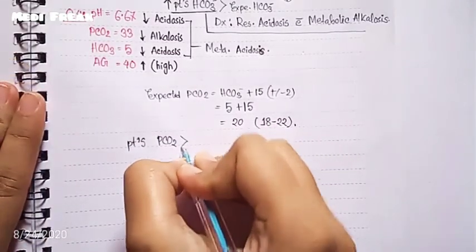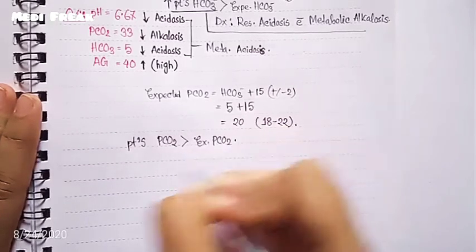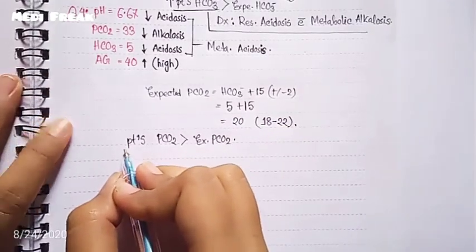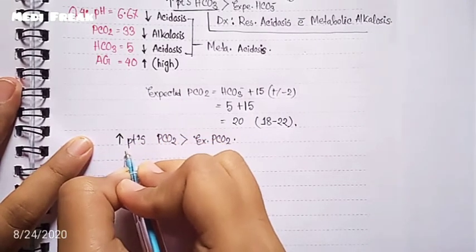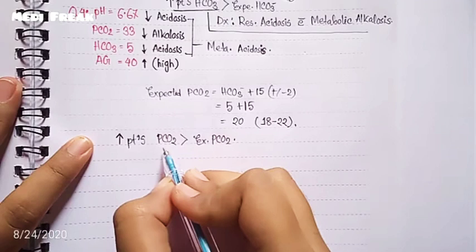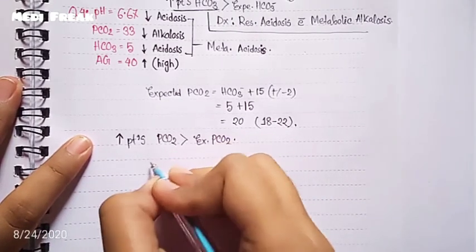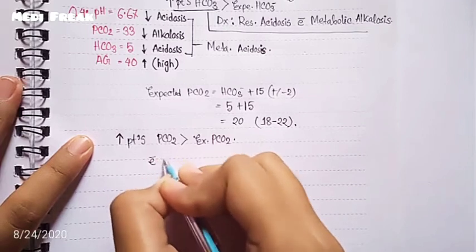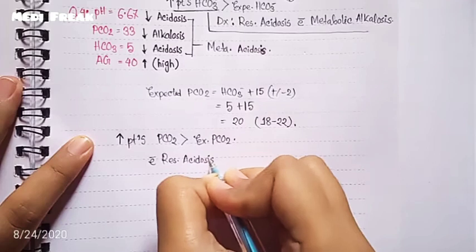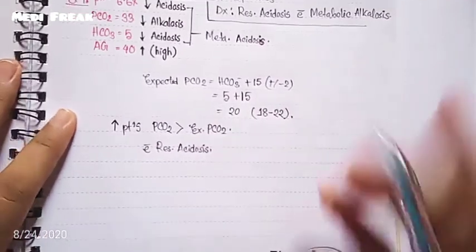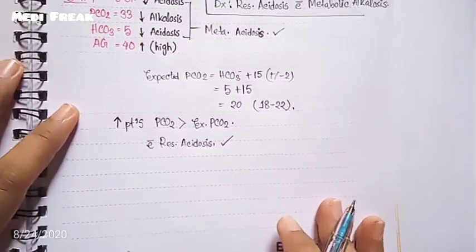It is greater than our expected partial carbon dioxide. Means that patient's partial carbon dioxide is increased, it will produce respiratory acidosis, because the partial carbon dioxide is increased. Okay, so we found an additional respiratory acidosis. It is our first problem. Then we found respiratory acidosis also.